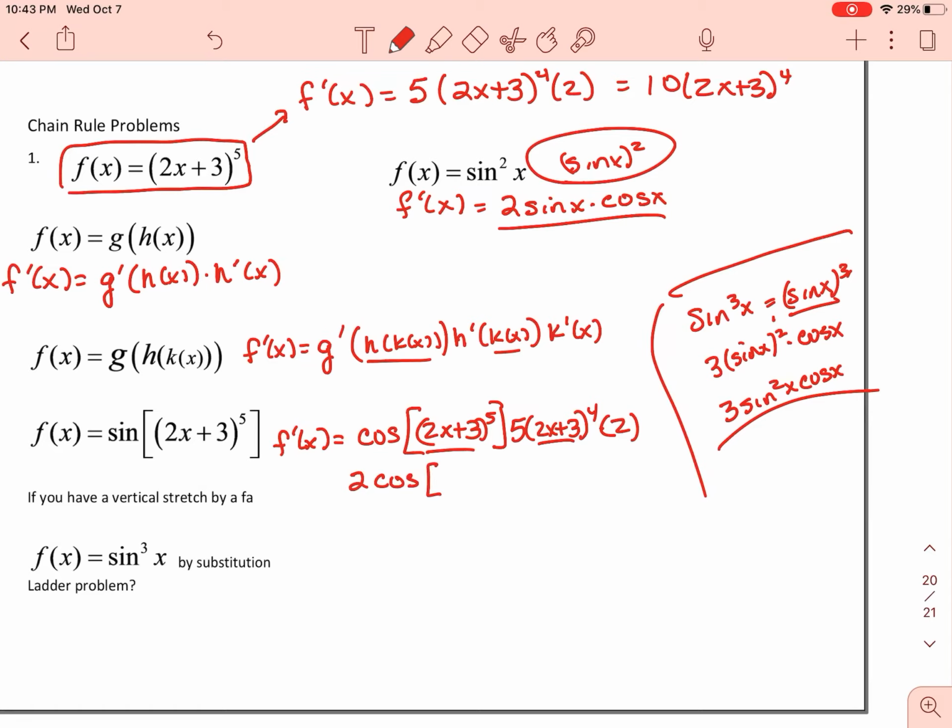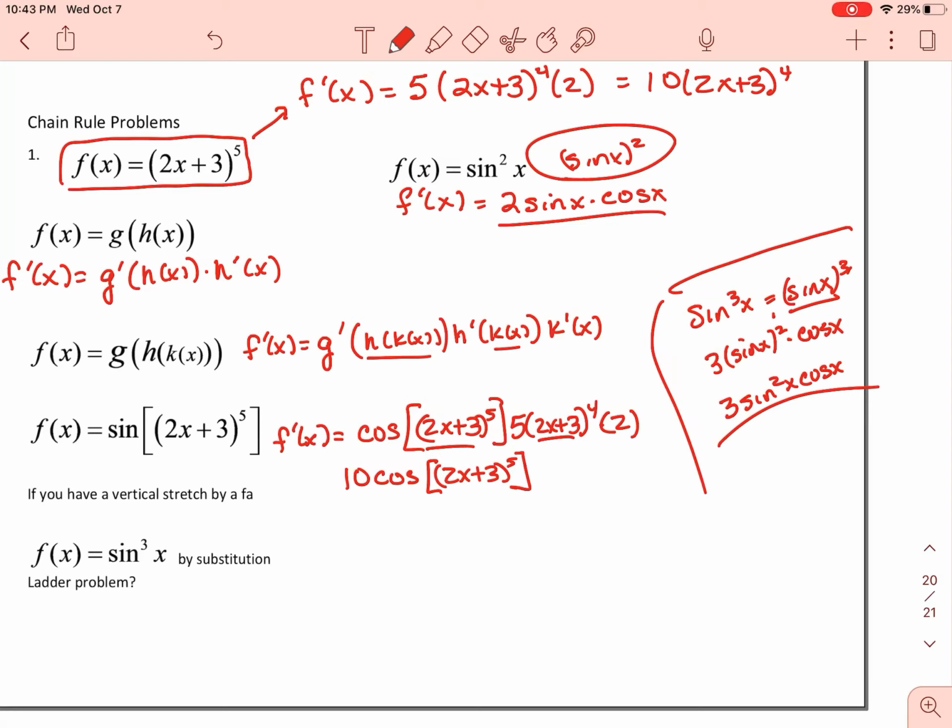And so you can clean it up and put the 2 around front. 2 cosine (2x plus 3) to the fifth, and then 5. So actually I should have made that a 10 to start with, if you didn't see that. So it's 10, and then you've got your (2x plus 3) to the fourth. Remember, you can't put these together here because this is the cosine of all of that. So that's by itself.